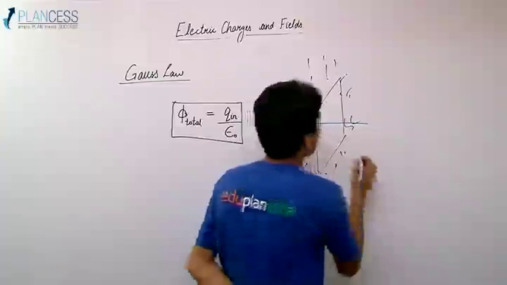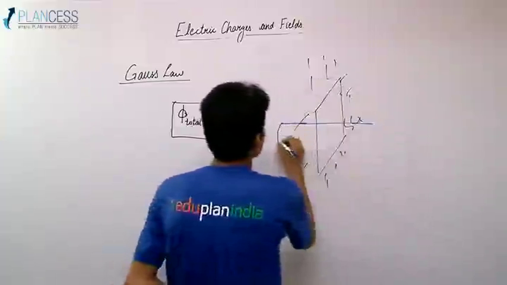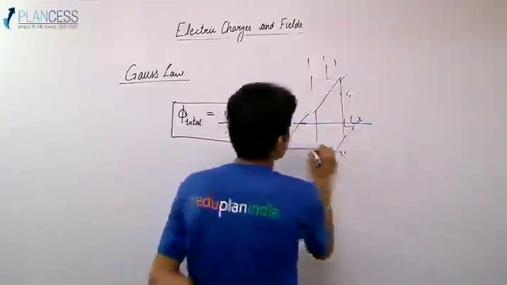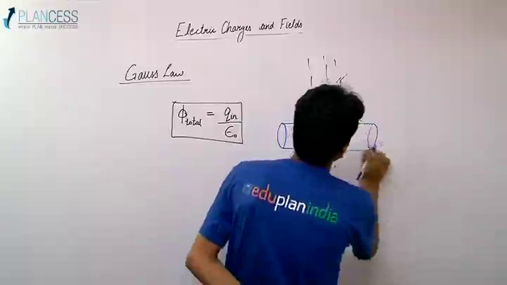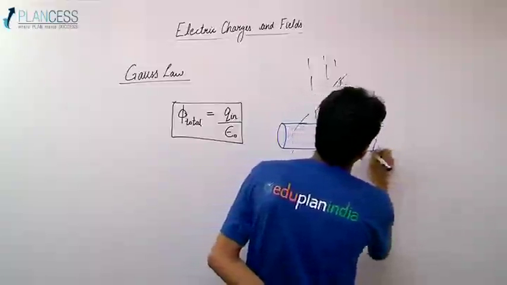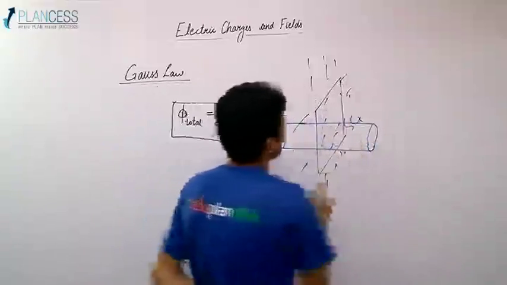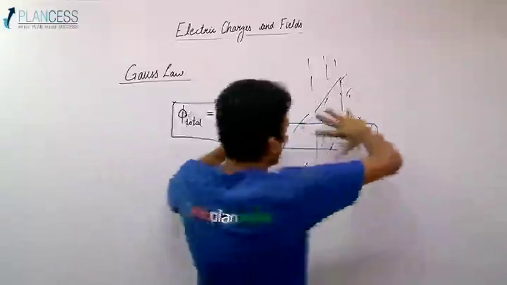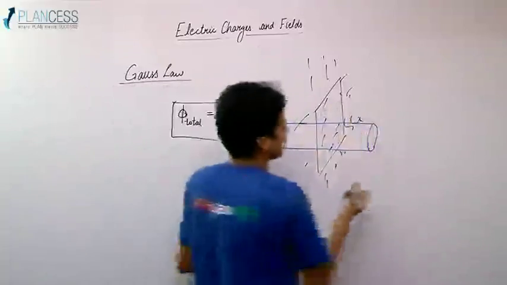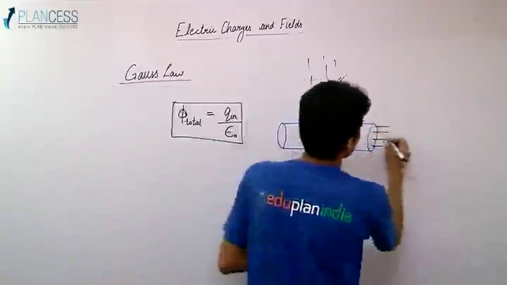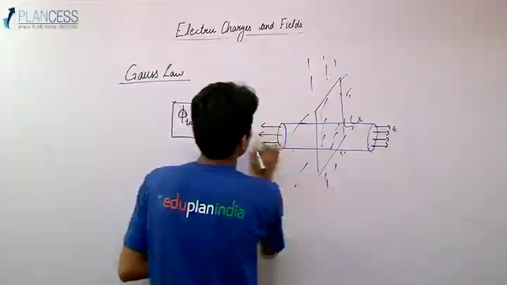Let's say if you want to calculate at a distance x, what you choose is a cylindrical Gaussian surface, something like this. This is a solid sheet, so you make a cylinder on both sides at a distance x. If I take the electric field, I can assume it is E, and here also it is E, which is equal.